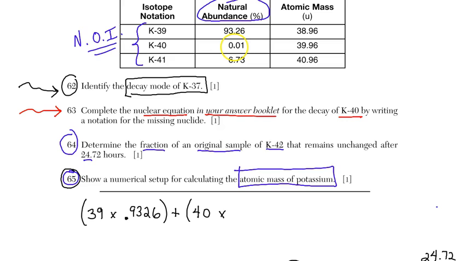Remember, I'm moving the decimal place 2 places to the left, so that'll be 0.0001. And I'm going to add that to the third and final isotope, which is 41, times, again moving 2 places, 0.06.